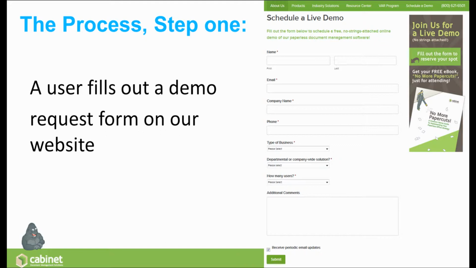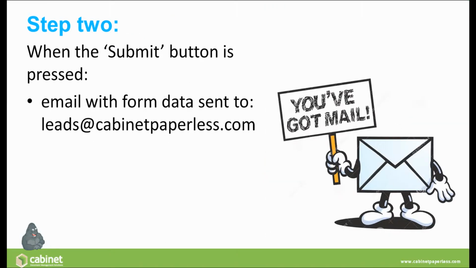Once someone fills out the form and hits the submit button, a couple of things happen. The information from the form is captured into our email marketing database, and that database entry triggers an email to an alias at Cabinet.